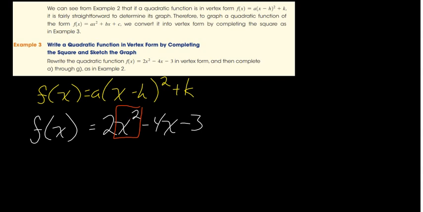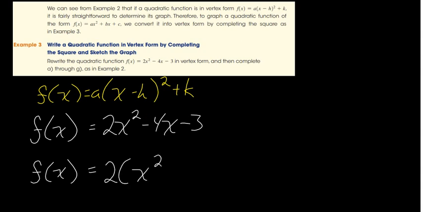In this particular case it is 2. But luckily the fine folks over at Pearson made sure that these two numbers are easily divisible by 2. So what I'm going to do is factor a 2 out only from the first two terms.